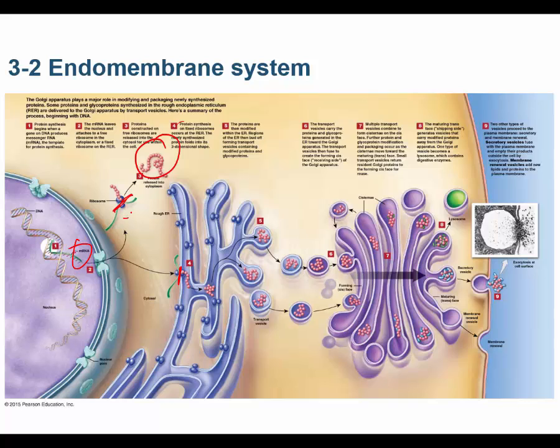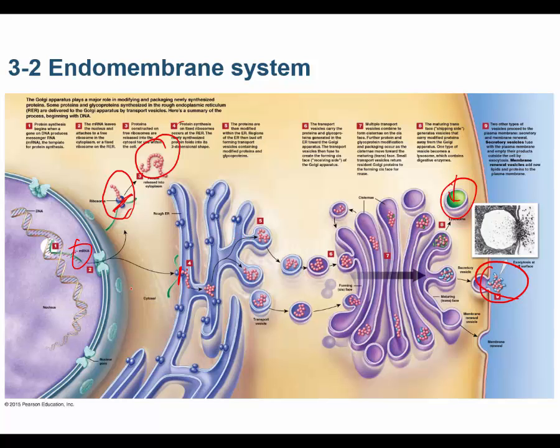Free ribosome protein synthesis is usually making proteins that stay inside the cell. Whereas rough ER protein synthesis right here is making proteins which are destined to be exocytosed or become part of another organelle. So they might stay inside the cell, but they'll be packaged in another organelle.